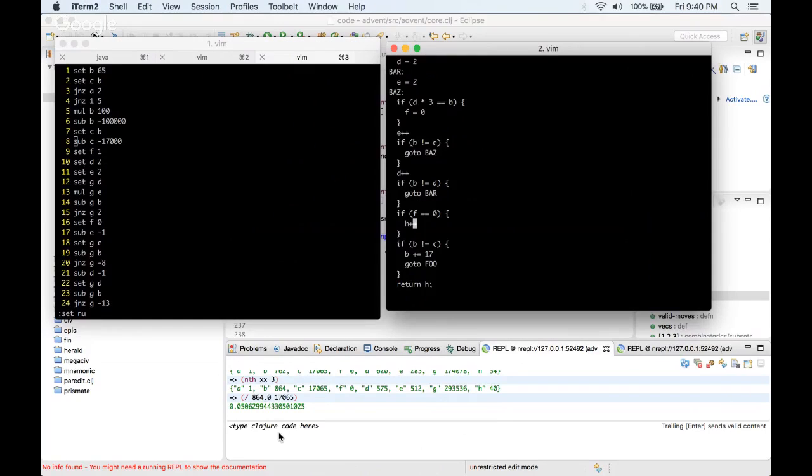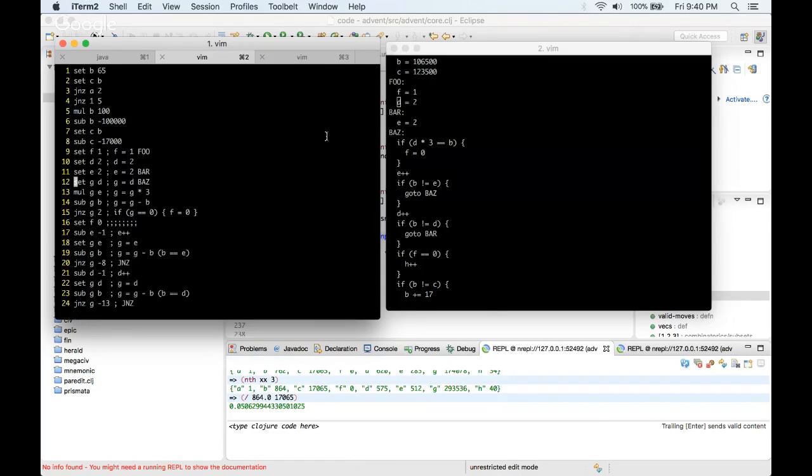Okay, so let's look at this some more here. Okay, looks like I copied this part wrong.